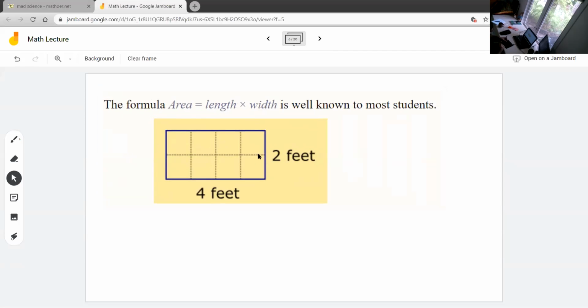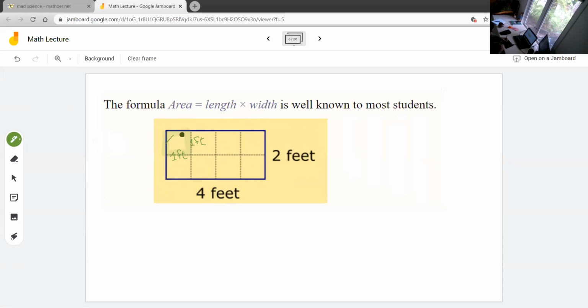So if I have this rectangle, maybe I'm tiling my floor in the bathroom or something, and it's 4 feet and 2 feet, then I can make these little squares that are each 1 foot square. One times one is one.